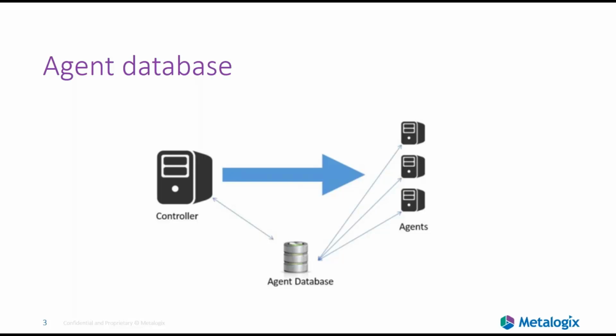At the beginning, the controller would push configuration information to the agent database, and this configuration information will be read by the agent and provide the agent with the information that it needs to run when the PowerShell scripts are being pushed through PsExec.